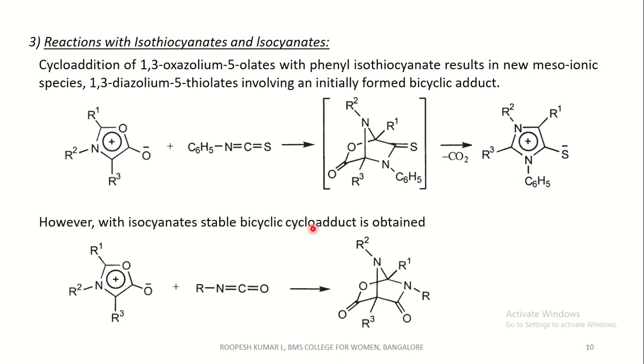These two react to form a bicyclic adduct here, and this negative charge moves here. This double bond comes and attacks here, and this bond goes and attacks here to form this one. This loses carbon dioxide to get this one.